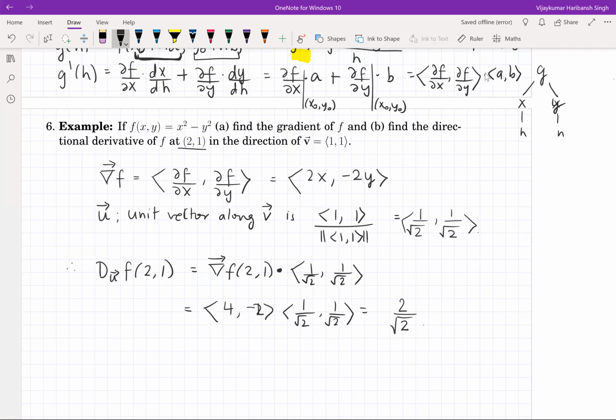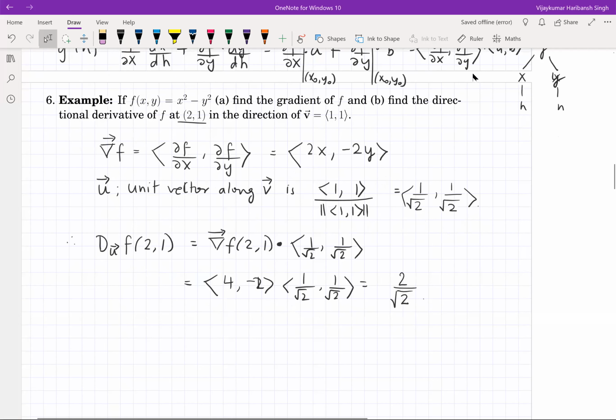Okay, so this is the directional derivative in the direction of u. So this is the directional derivative of f at (2, 1) in the direction of u.